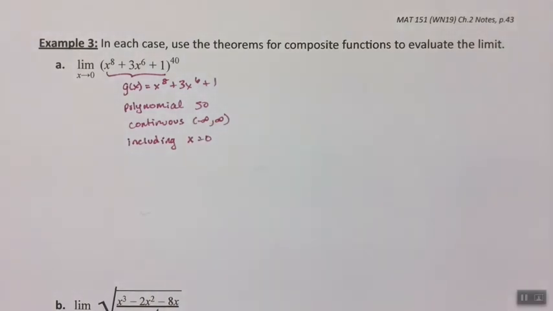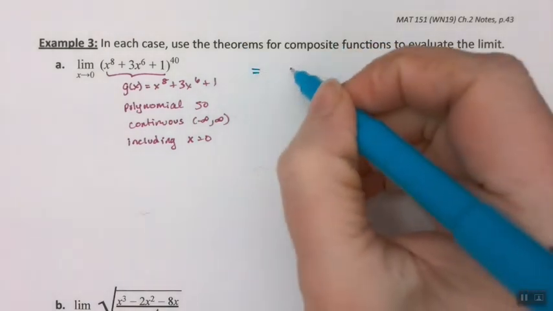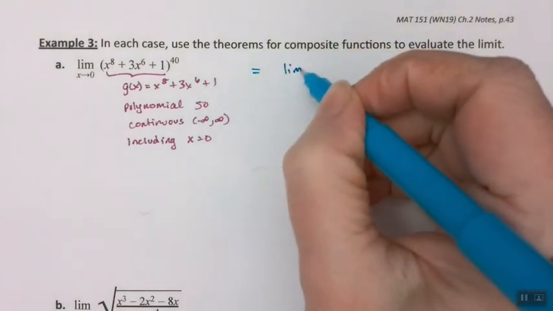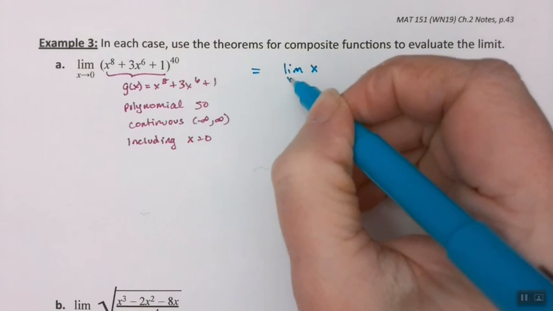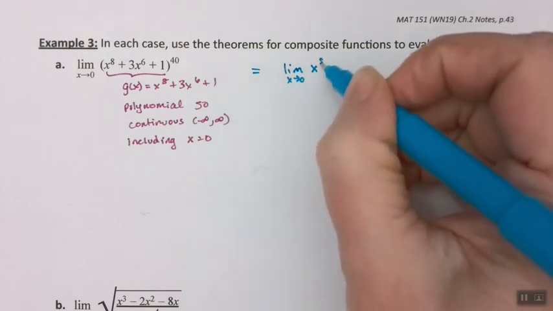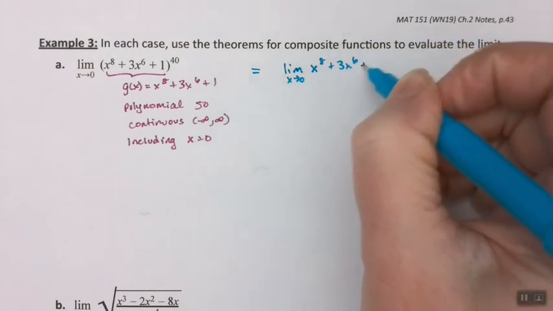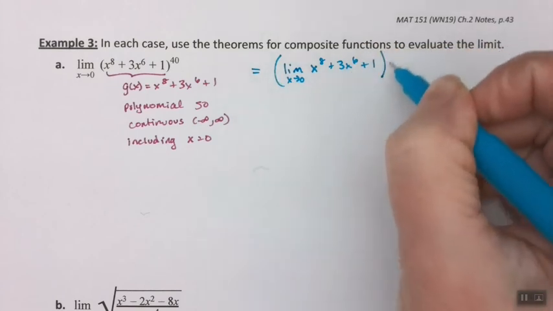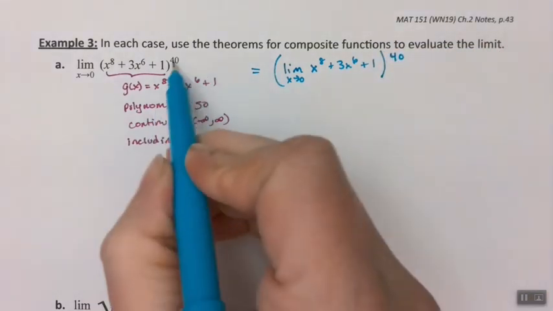Well, I can use my theorem and say, okay, since I know it's a polynomial and I know my inner function's continuous there, then I can actually take the limit as x goes to 0 of x to the 8th plus 3x to the 6th plus 1 and nest it inside my outer function, which is the 40th power part.